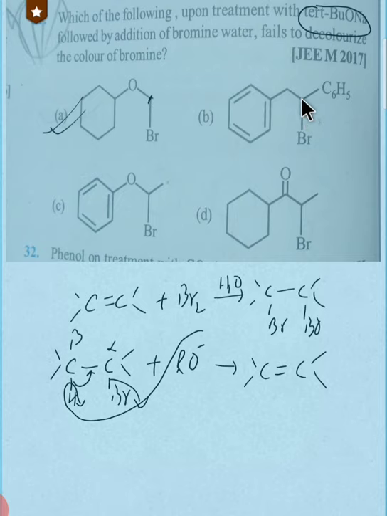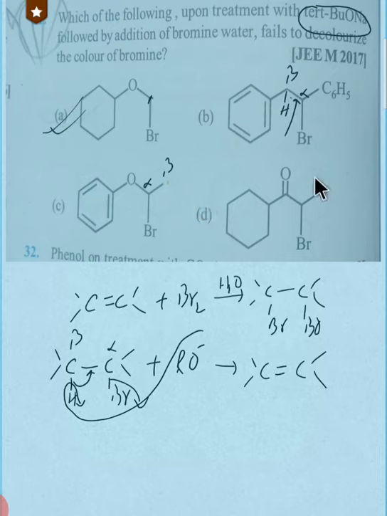But in this case, this is alpha, this is beta, so there is beta hydrogen in this case, elimination will take place, there will be a double bond at this position, so the product will react with bromine, so decolorization of bromine will take place. Similarly, in this case also, this is alpha, this is beta, so the product formed by reacting with this tertiary butoxide will react with bromine, that is, decolorization of bromine will take place.